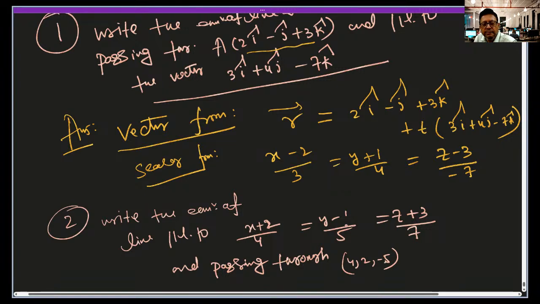Just do this. Equation of line parallel to this and passing through this point.